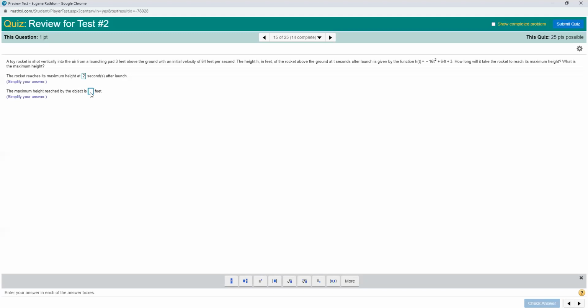So we hit enter, and that gives me 67, which means the rocket reaches a maximum height of 67 feet. So we would put our 67 right there and move on.